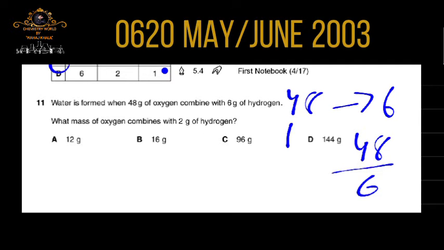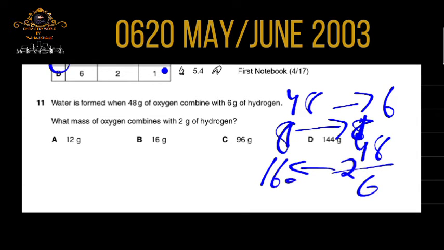Means 8 grams of oxygen with 1 gram of hydrogen. So 2 grams of hydrogen equals 16 grams of oxygen. So option B is the right option here.